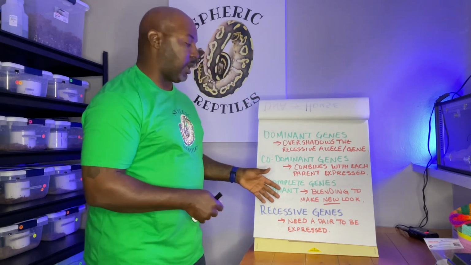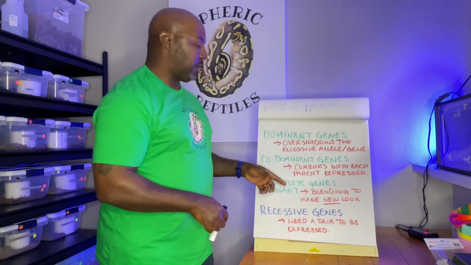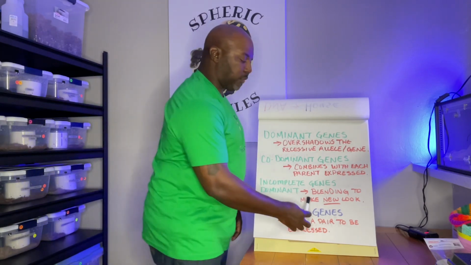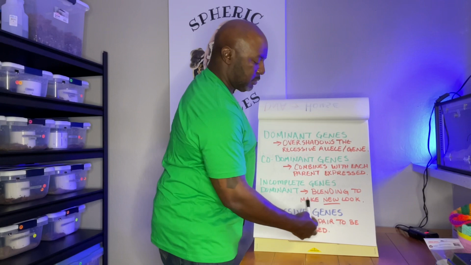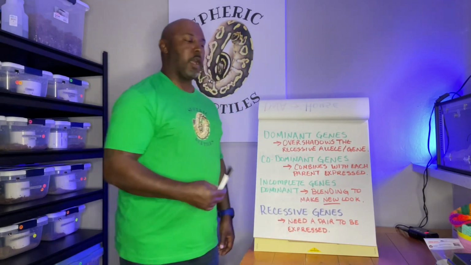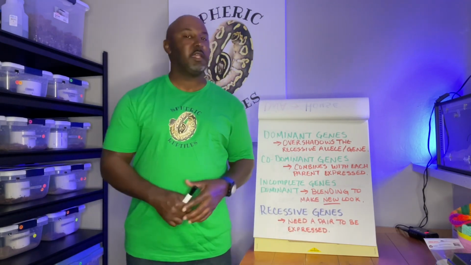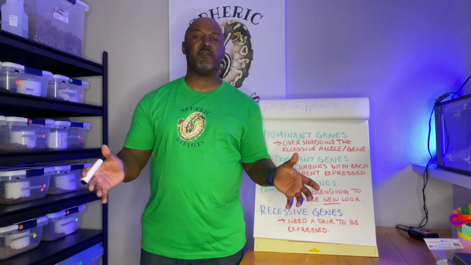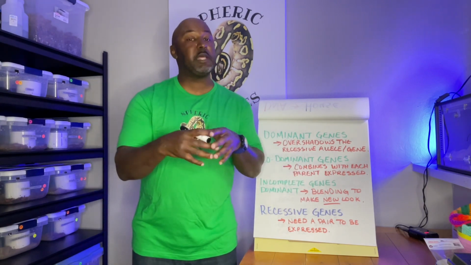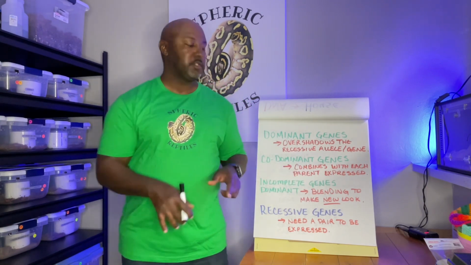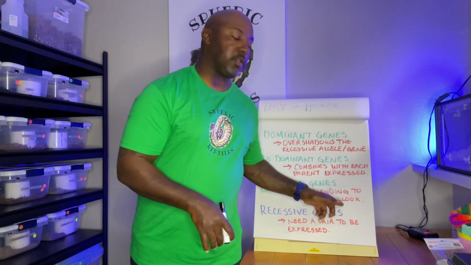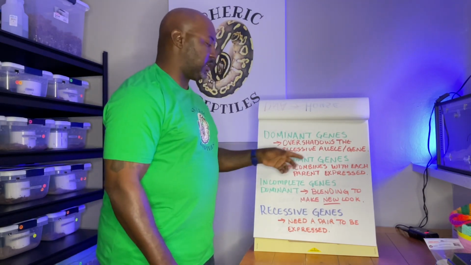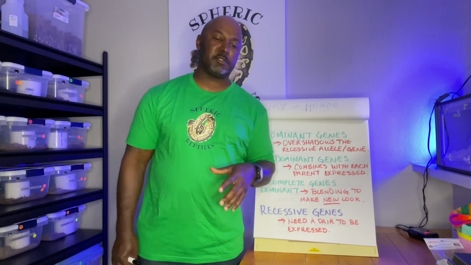Now, incomplete dominant is the exact opposite. What I would like for you to remember is that it's a blending to make a new look. The best example I can think of is if you have a red flower and a white flower, you blend them together, and you end up with a pink flower. So that makes a whole new look. The only codominant gene that I know would be for scaleless pythons.